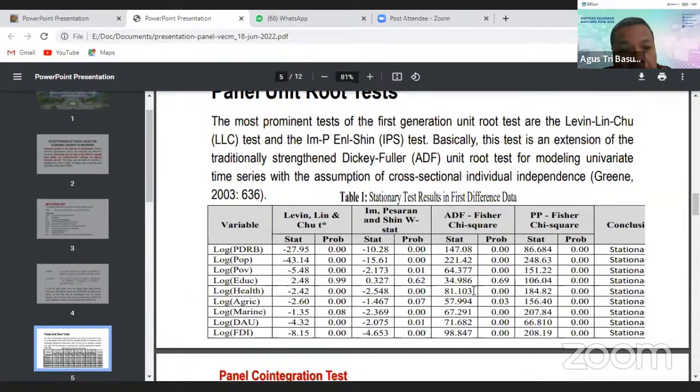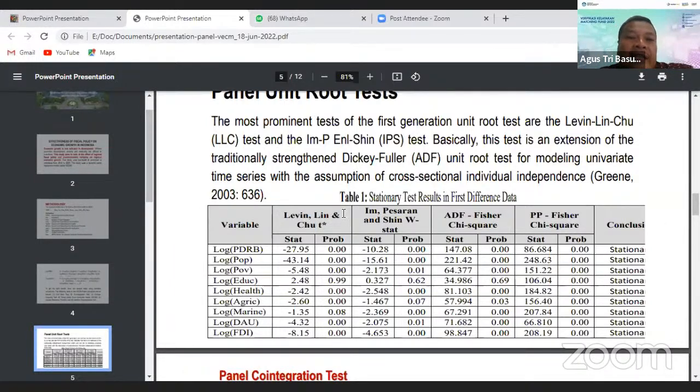Okay, if you see in the table, with PP Fisher chi-square, all variables are significant. You can see in the probability, the value is 0.00, and we conclude that all variables are stationary.